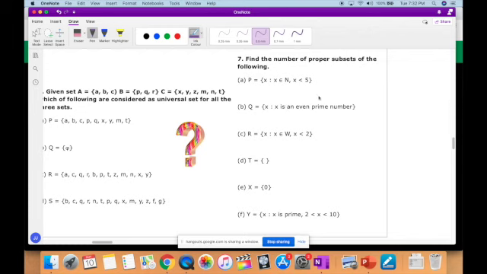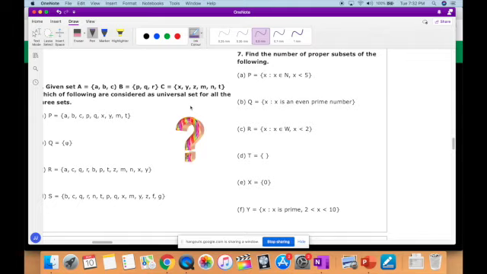So this is where you'll have to use your 2 to the n to find the number of subsets. B, I don't know how they're gonna do B, but B looking quite evil. Yeah, B is an evil one. Actually, no, not really. Okay.